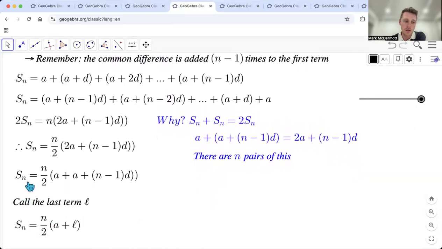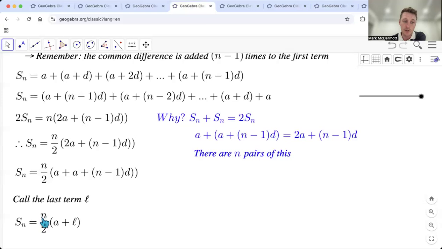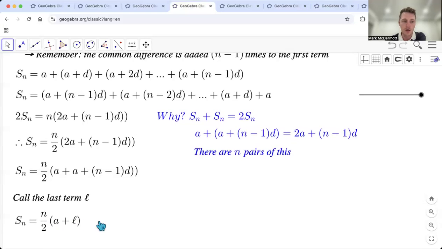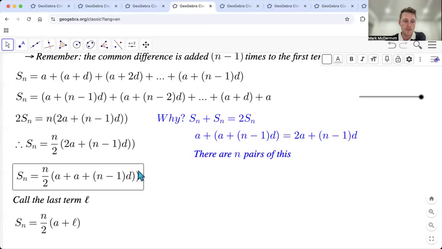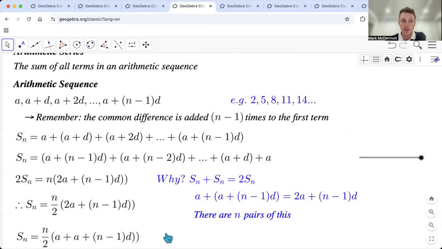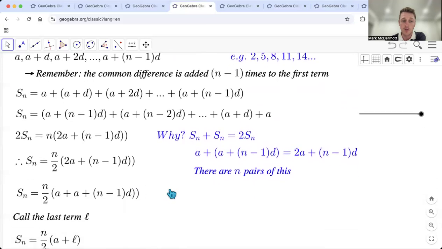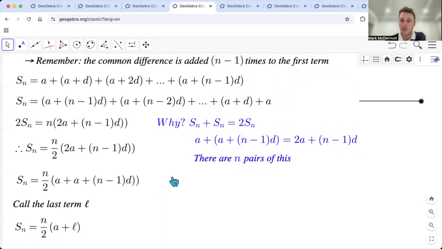So what we'll get is S sub n equals n on 2 multiplied by a plus the last term. Depending on how many terms you've got, divide that by 2 and then multiply by the value of the first term plus the value of the last term. And that will tell you the arithmetic series, the sum of all the terms in that sequence up to some value n, right?